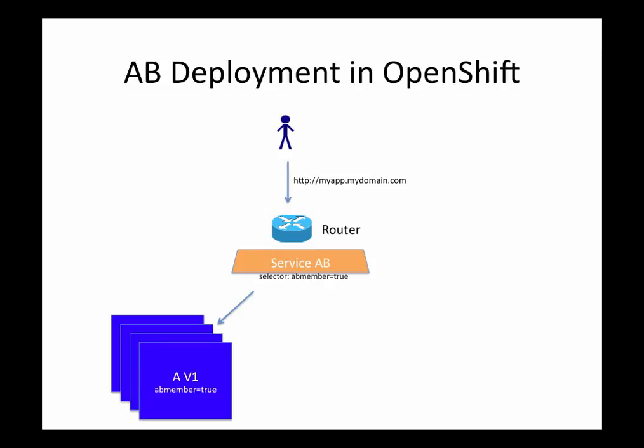Those pods are front-ended by a service which groups all the pods related to this application. So let us say we have assigned a label to this application version 1, called AB member equal to true, meaning I am going to be using an A/B deployment model for this application in the future.